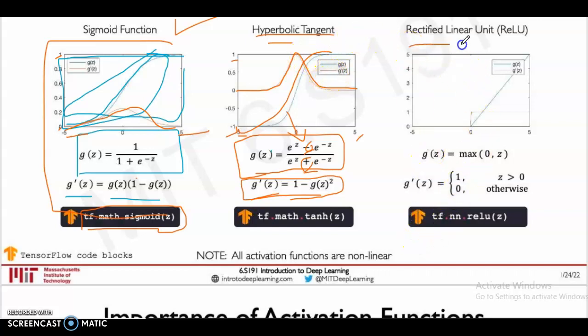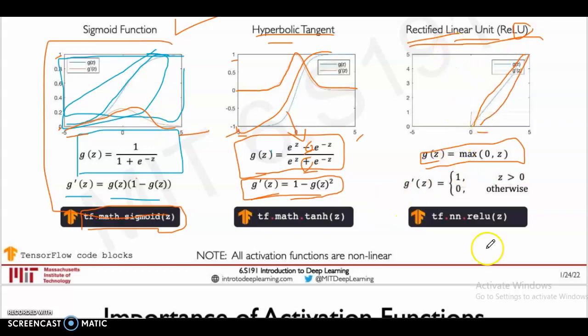Then the rectified linear unit, abbreviated ReLU. Re means rectified, linear unit means LU. G of z equals the maximum of 0 comma z. This is a straight line.